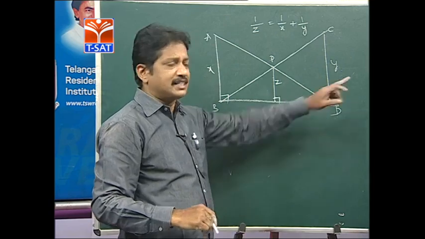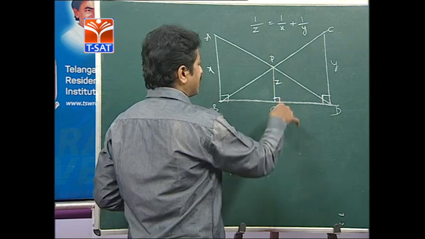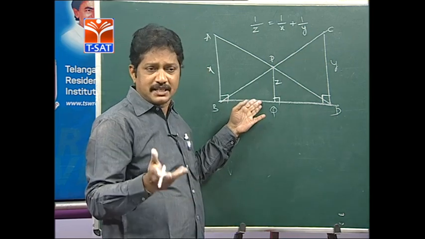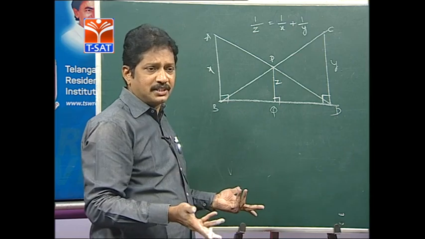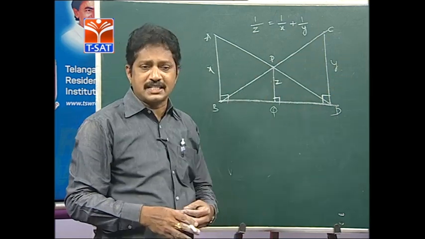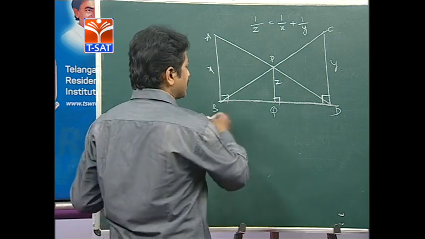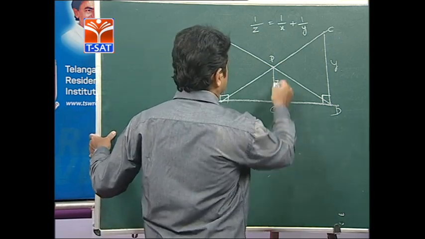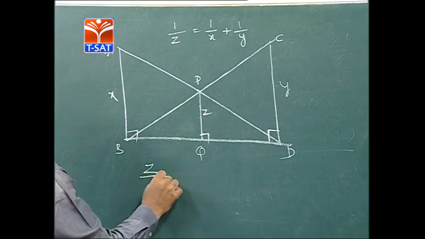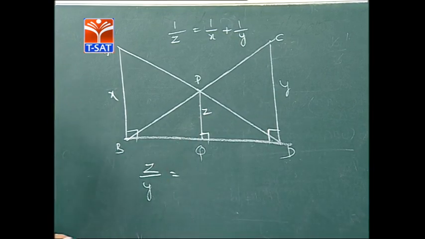When these two lines are parallel, you can say PQ is parallel to CD. So just now take the basic proportionality theorem. What is the basic proportionality theorem? The line which is drawn parallel to one side divides the remaining two sides in proportion.